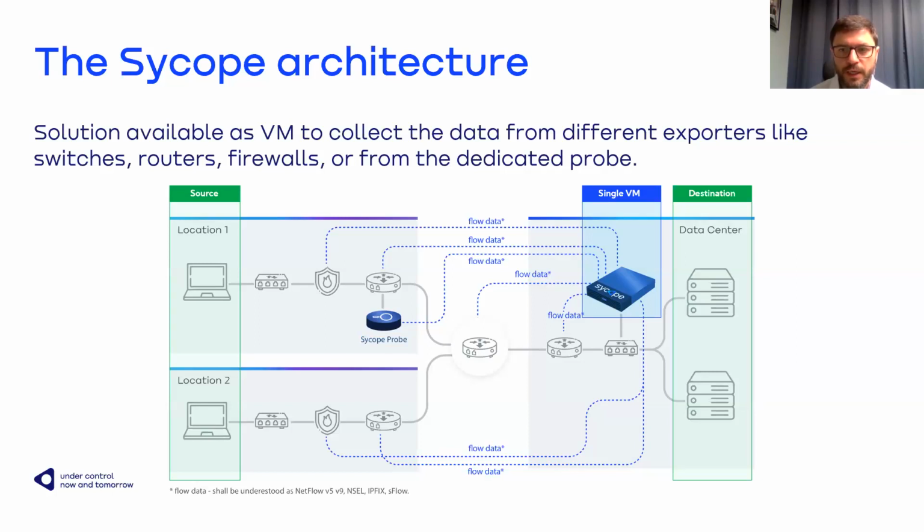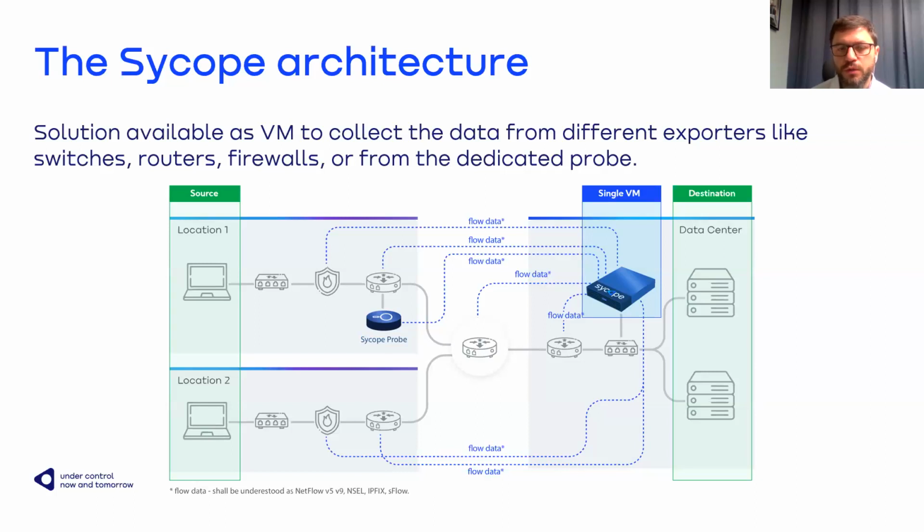In some cases, it's very useful to use a probe, because a probe can create the pure NetFlow, but also can enhance the NetFlow with extra data. So the probe can measure the performance of the network, because the probe sees every single packet of the communication, so it can measure delays and retransmissions in the network communication, and can send this data to the collector.